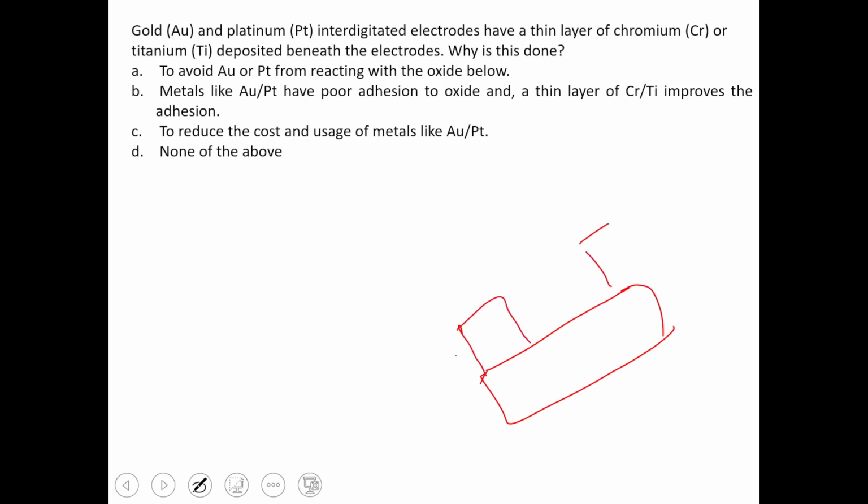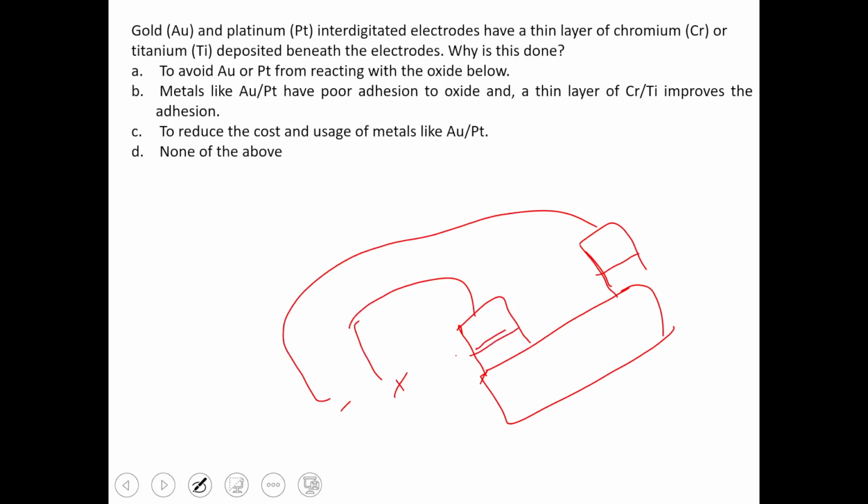I have to make the electrical contacts and measure from a probe station or a source meter. Suppose this is positive and negative. In the bottom, first we have to deposit a layer of chrome or titanium. So why is it required? Suppose this is the gold or Pt.